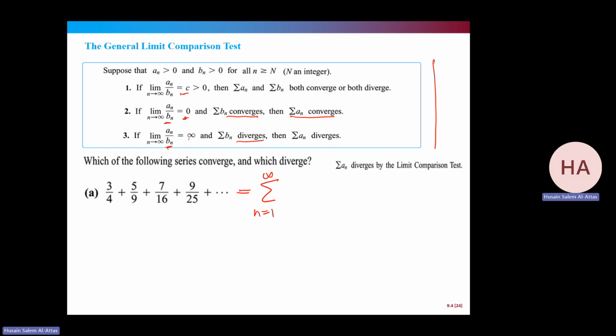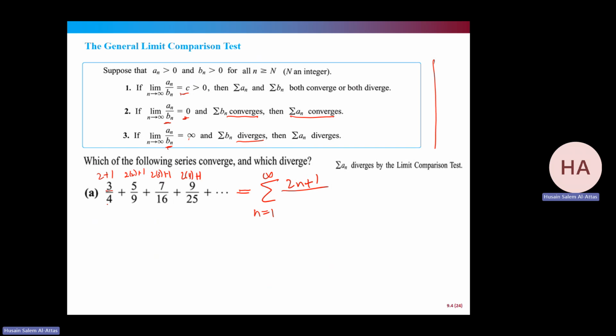Okay, this is 2 plus 1. This is 2 times 2 plus 1. This is 2 times 3 plus 1. This is 2 times 4 plus 1. So I have 2n plus 1 over.